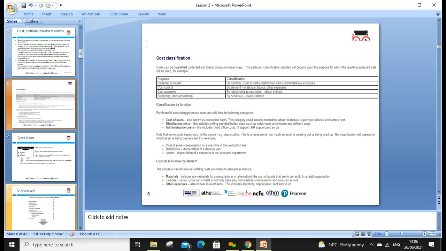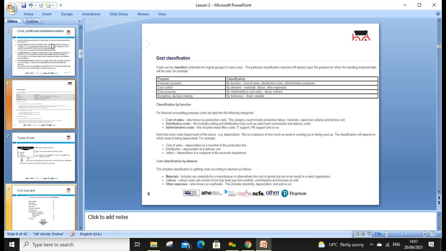By function is the cost of sales, distribution, admin. These are called the functional area departments. Then by element: material, labor. By relation to the cost unit: direct and indirect. And by behavior: fixed and variable.